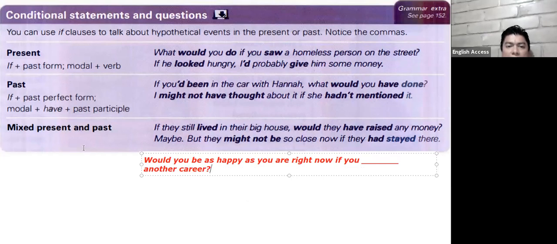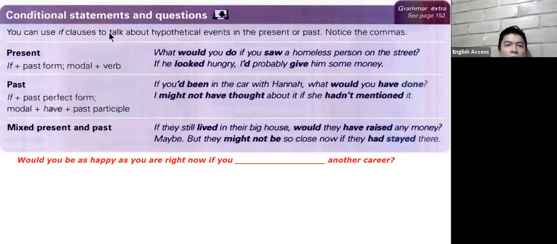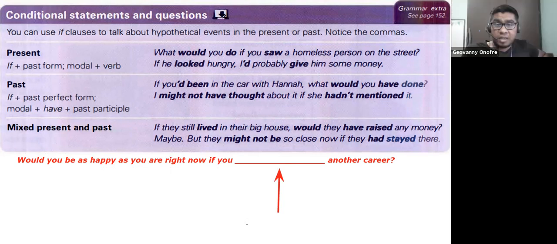Can you complete it, guys? What do we need to do there? What verb? Which verb do we need there? Study or choose.